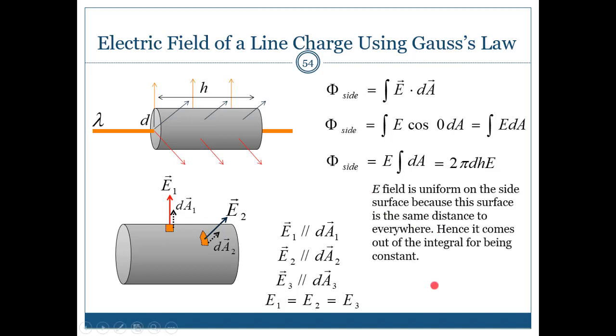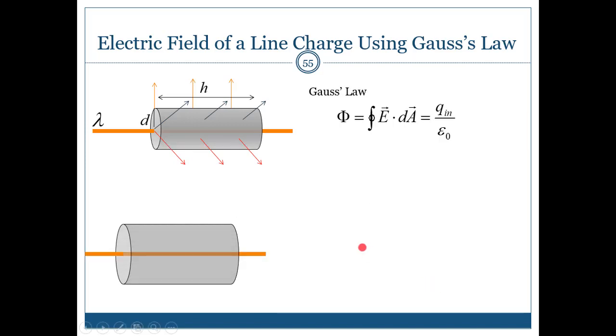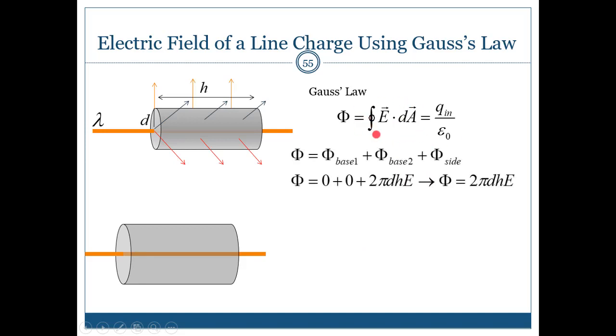Wonderful. So this part of the equation is then set. Flux equals q in over epsilon 0. My total flux is 0 on the bases, 2 pi dh times E on the side. Hence, that's my total flux, 2 pi dh times the E field that I'm looking for.